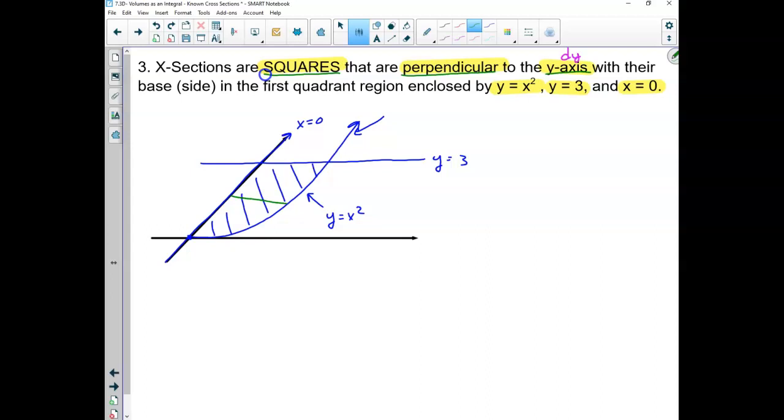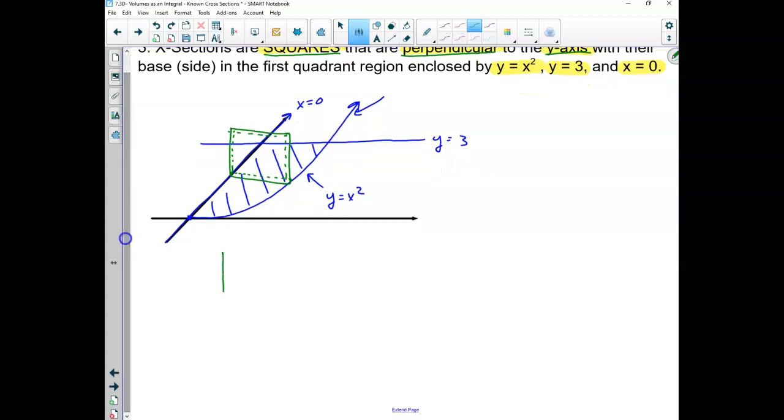If I'm perpendicular to the y-axis, I'm parallel to the x-axis, and my square is going to look like this. It's going to project straight up at me. So I can see my area region is a square. This is my A of x.